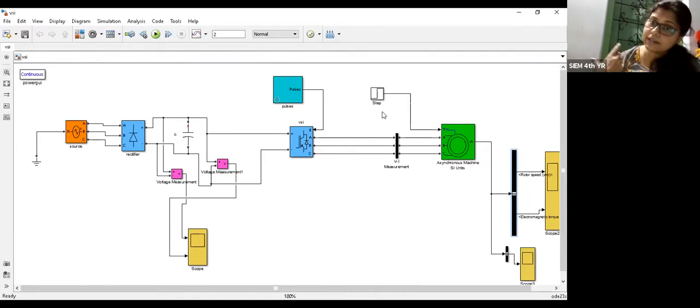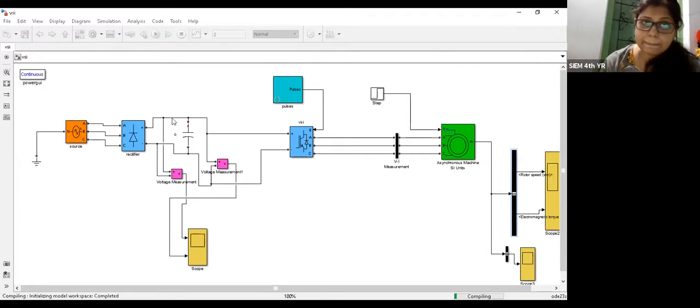You can use another type of model also, but as per your university syllabus, this experiment is already included, so it is better to use this model. Now I want to simulate the entire circuit. Let's simulate.